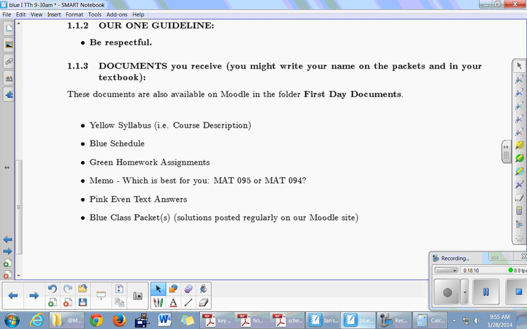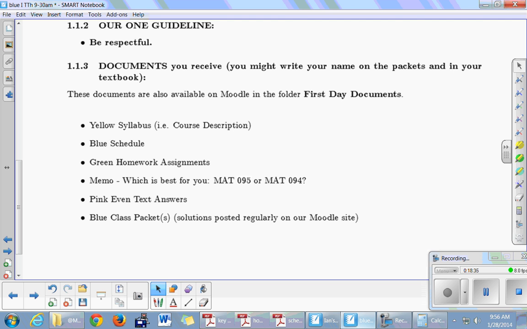But I wanted to let you know there's an optional class in between meant for students who either have never seen algebra before or who haven't seen algebra in many, many years. This class that you are in moves at a pretty brisk pace once we get going, and it assumes that you have some recent experience with algebra. And if you don't, we have this little off on the side, let's go a little bit slower, Math 094.